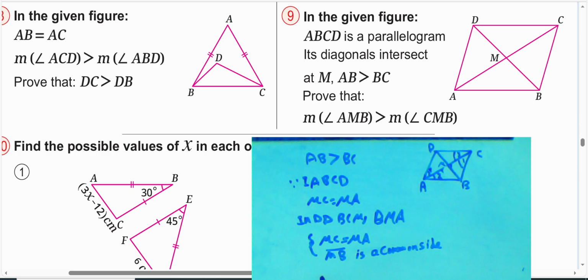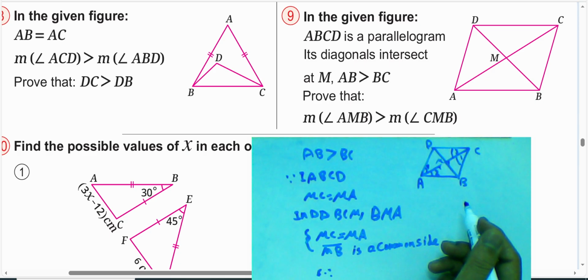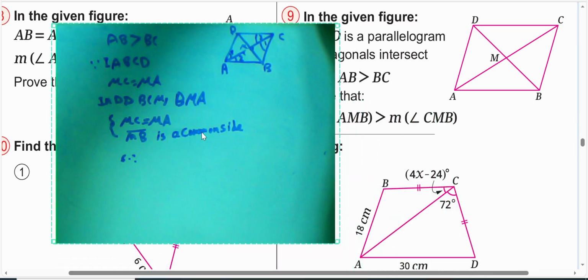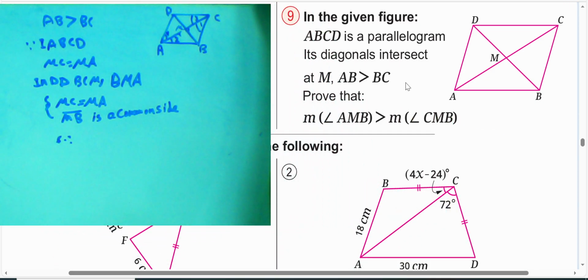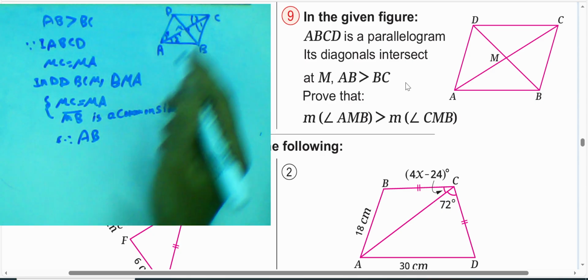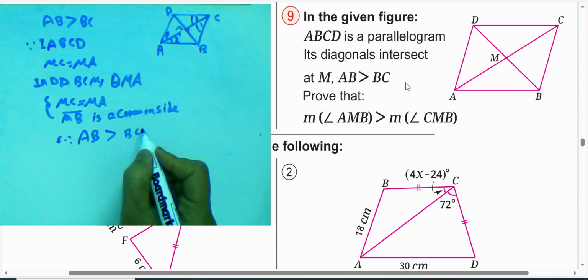Then we have a relation also between two angles. He gave me this relation: EB, this side length, is greater than BC.